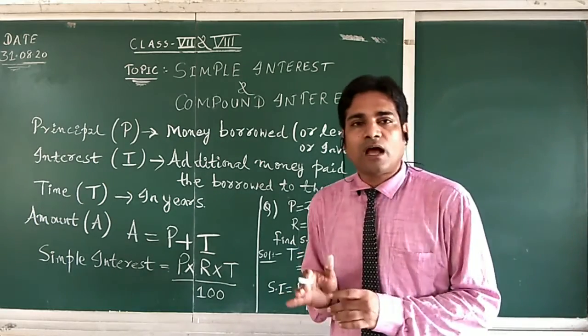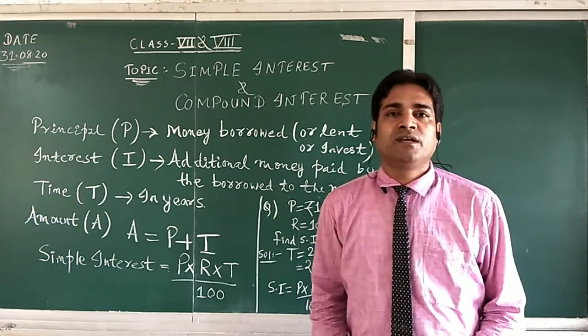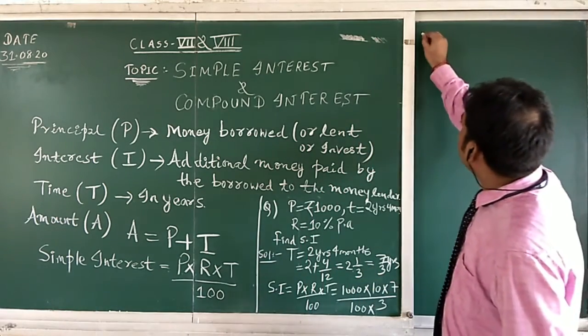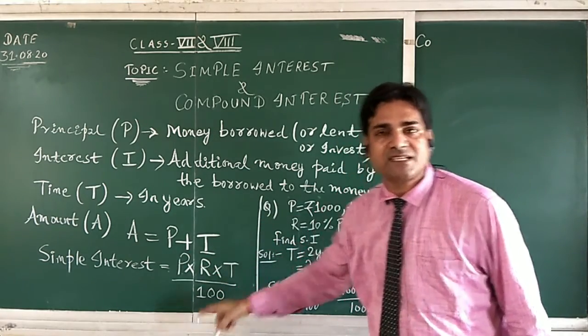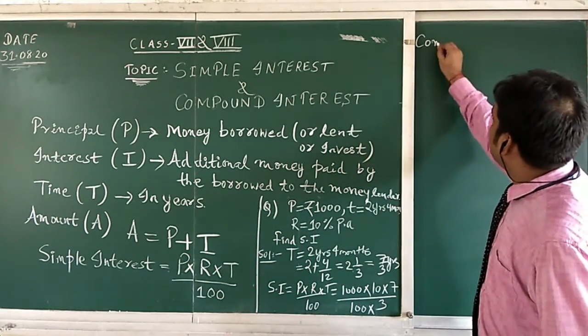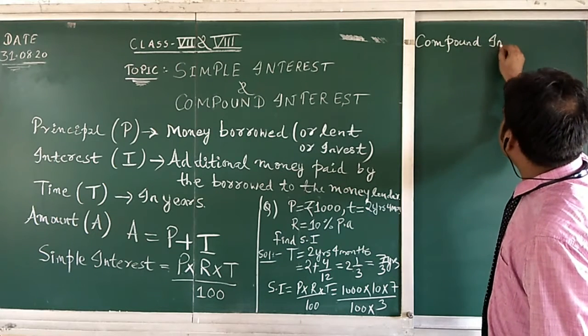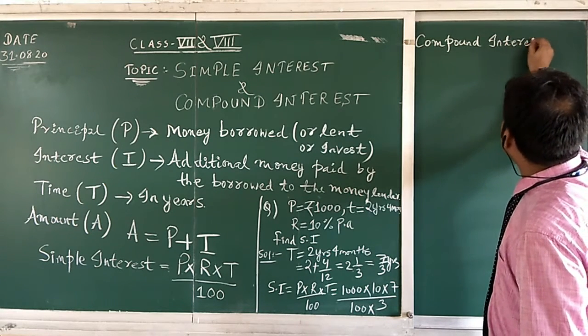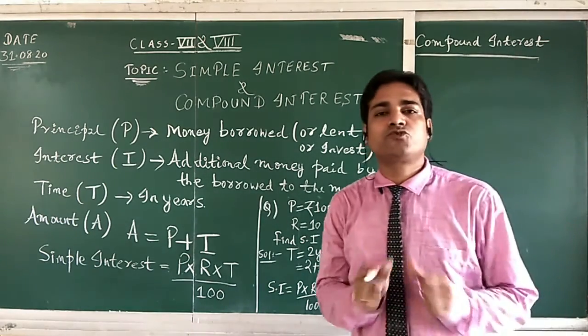Now we move on to our next topic, that is compound interest. See children, interest is based on two bases. First one is simple interest, and second one is compound interest. What is the difference between these two terms?